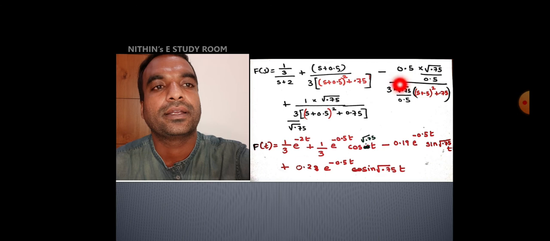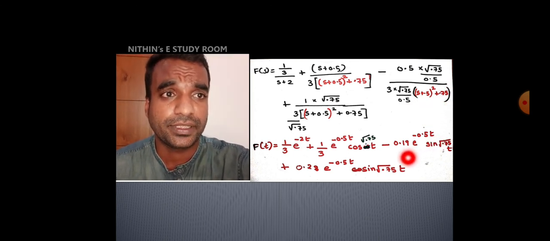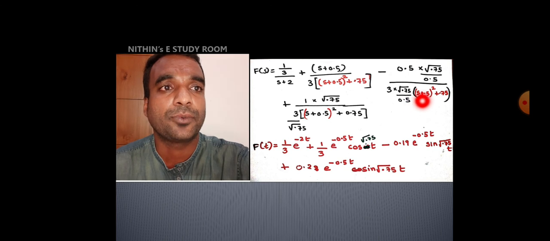And in this equation, now it is minus root 0.75 by some constant into s square plus omega square. So by solving all these constants, you will get 0.15, and shifting is 0.5.